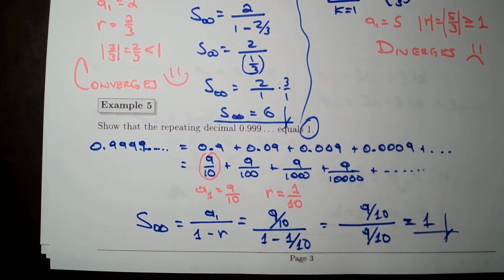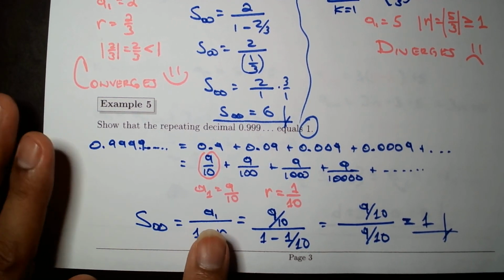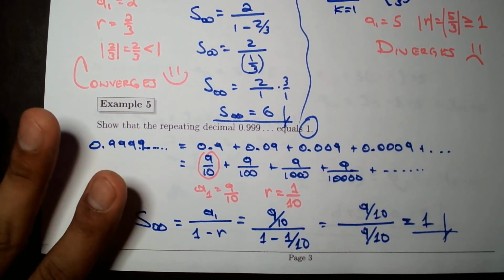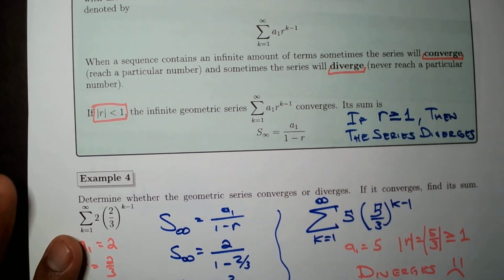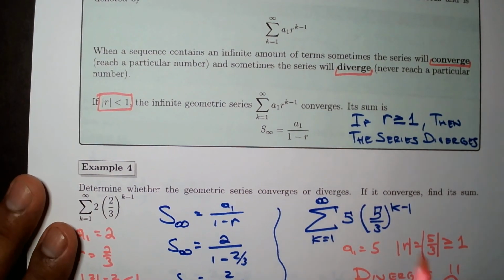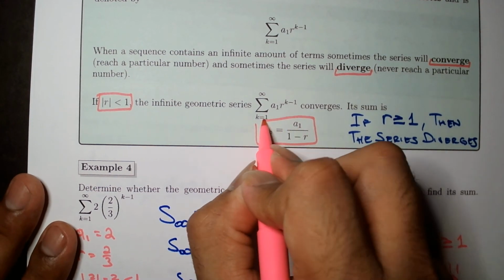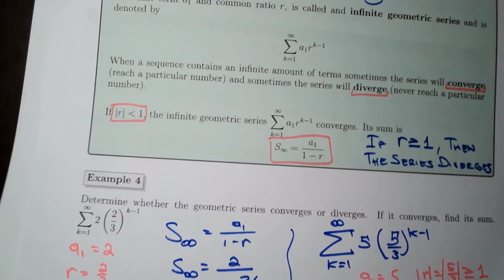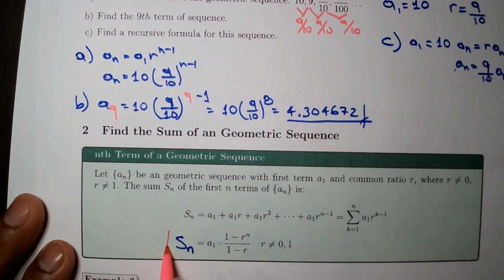Now to wrap up this section, you might want to be very careful about what formula to use. We have the formula to find the infinite sum, and we have a formula to find a finite sum.